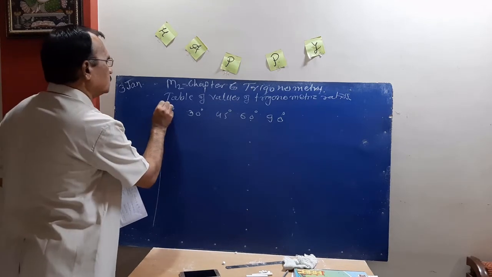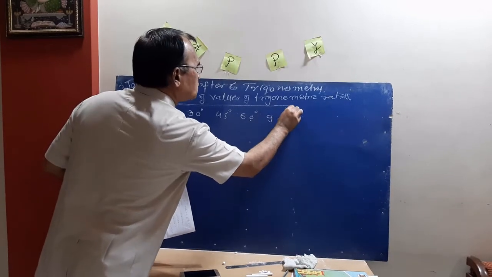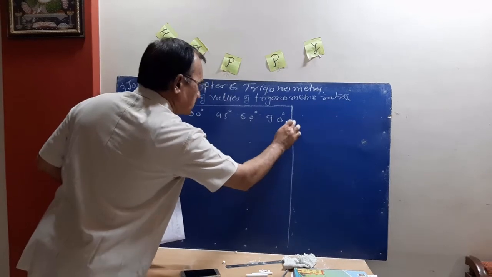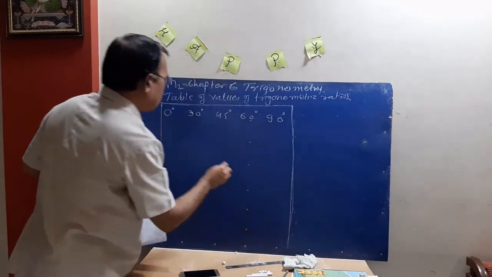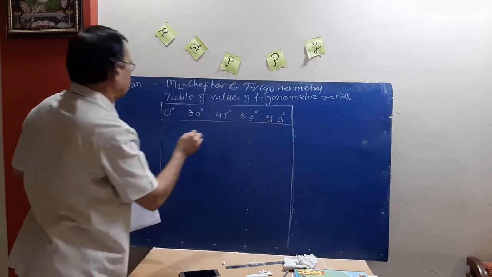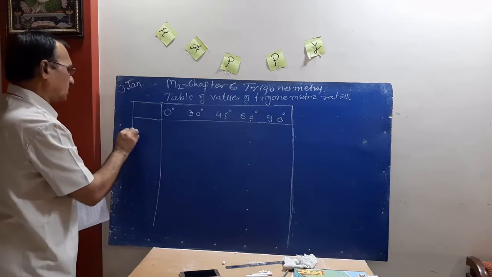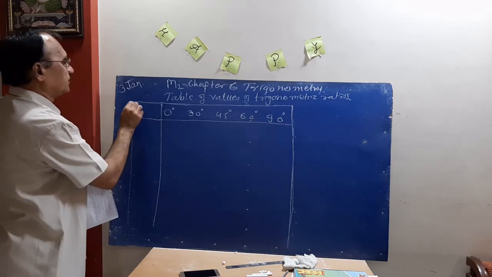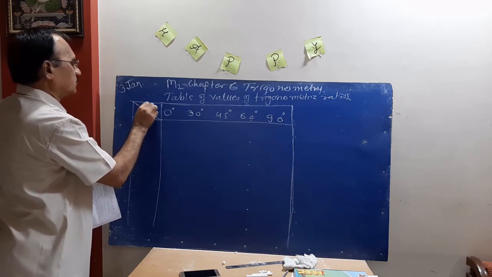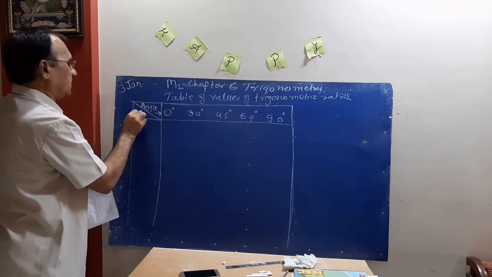Draw the table. This is very easy. You also saw this table in 9th standard. There is one idea how to remember these values of this table. Draw the table carefully. Angle and ratio.